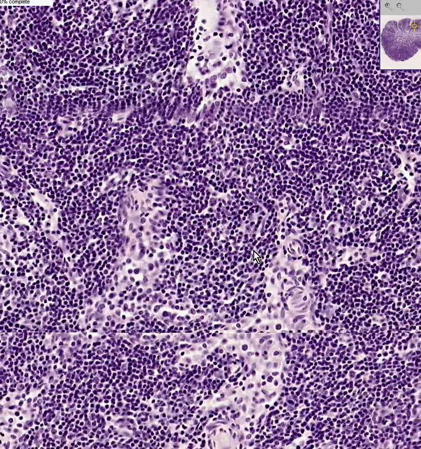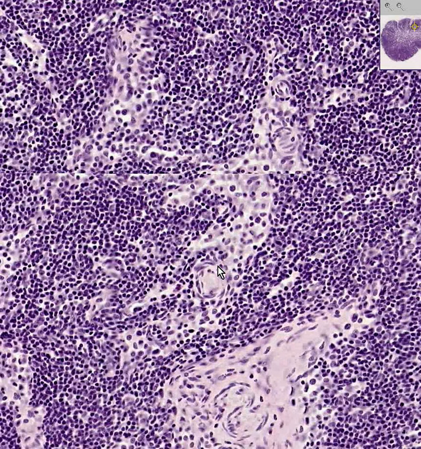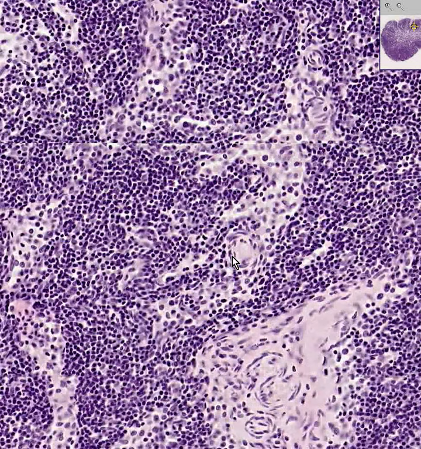And here we are now towards the medulla of the lymph node, which does not classically contain too many nodules, in which you have medullary sinuses, which are the lighter areas, and medullary cords of lymphocytes, which are the darker areas. And there is really nothing more I could say about a lymph node.